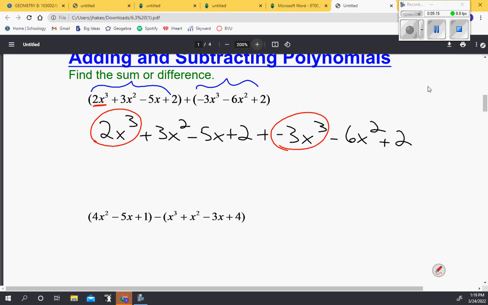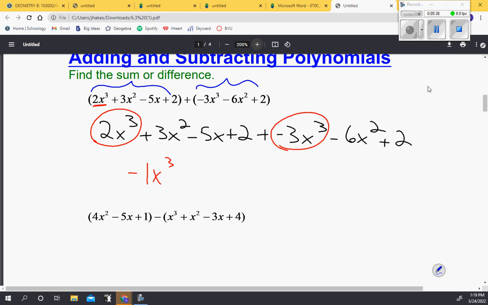Well, how many x to the third power is that? We have a 2 and a negative 3. That makes a negative 1x to the third power. Okay. I'll write that in red so that's how I know where I got it. Negative 1x to the third power.